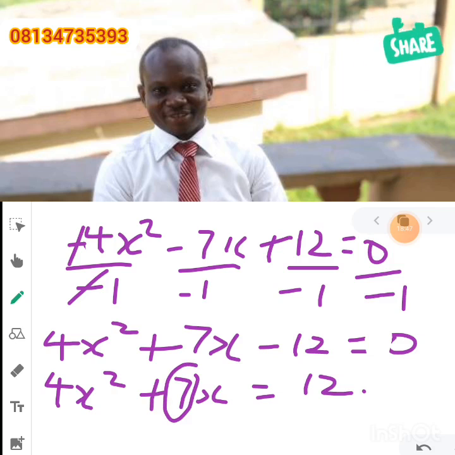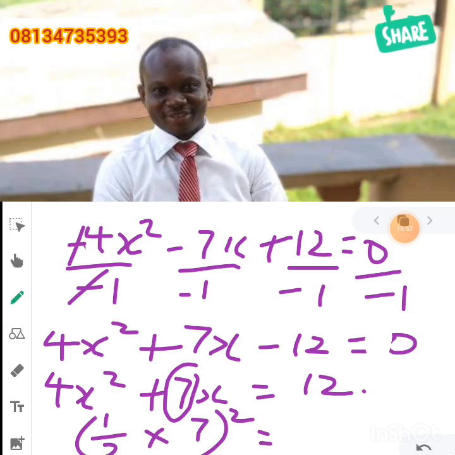So we square the half. We have half times 7 all squared, so that will give us 7 over 2 all squared. From here we can add 7 over 2 squared to both sides.